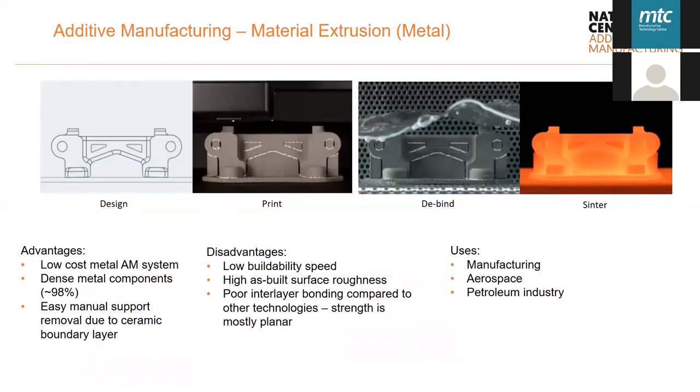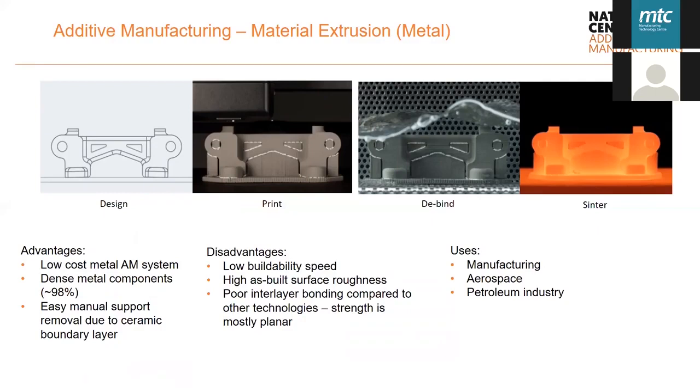Also going to look at material extrusion of metals. So it's an indirect additive manufacturing process in which there is a debind. So there's a print, debind, sinter step. The advantage of material extrusion technologies compared to other metal AM technologies is that it's a low cost system compared to other AM systems.